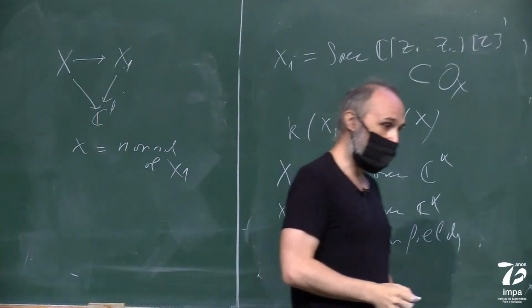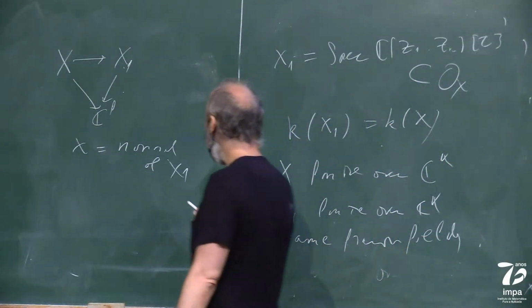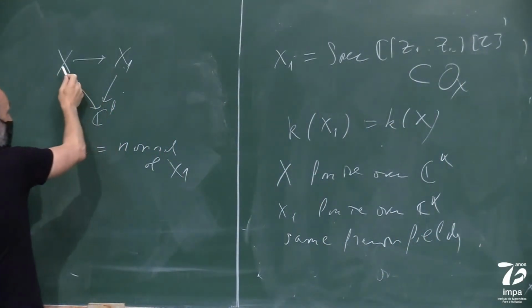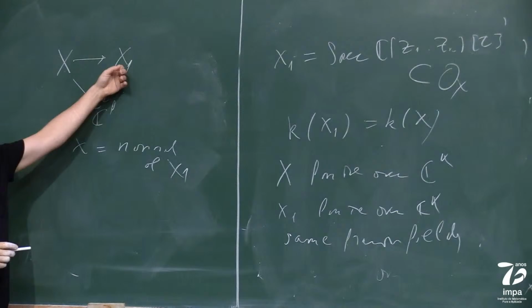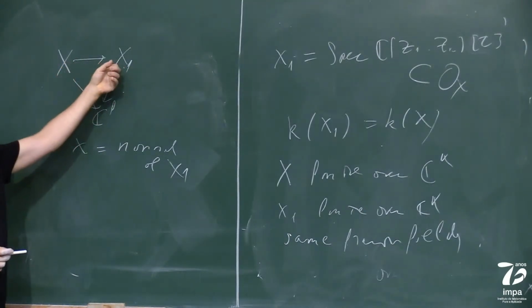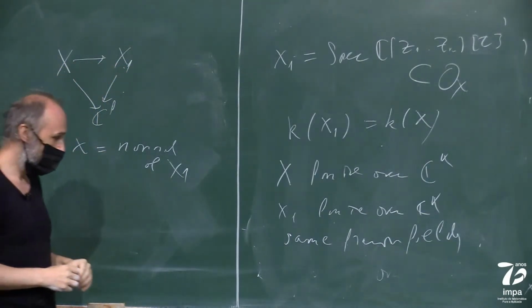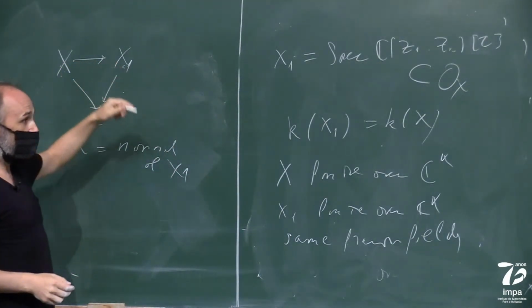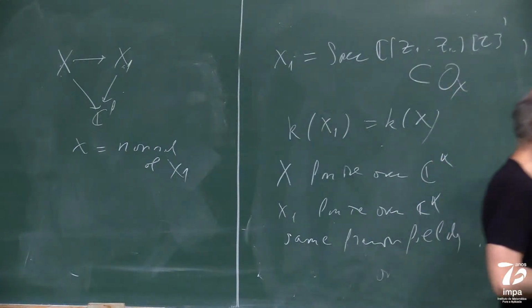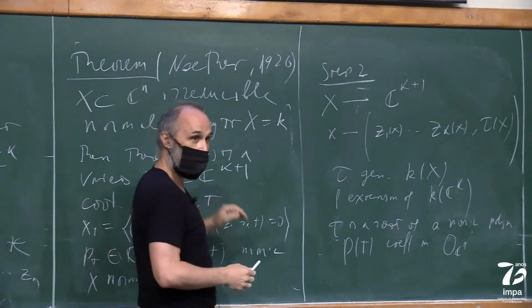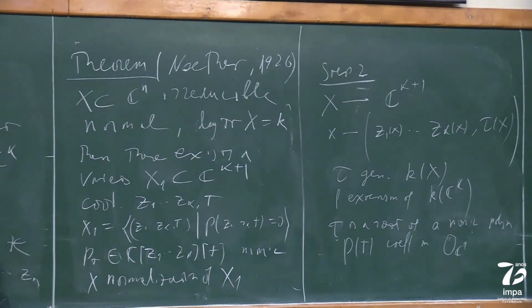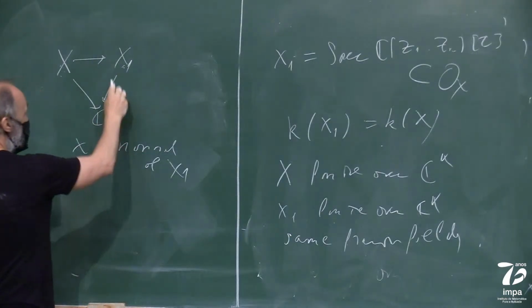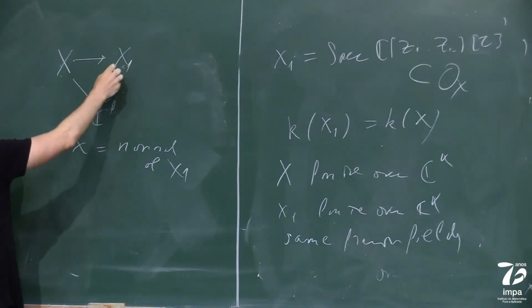It's the integral closure of O_X1 in its fraction field. They have the same fraction field, it's integrally closed, contains O_X1, and it's finite over O_X1. So x is finite over x1 because x1 is an image of x under projection, or because in fact x is finite over C^d and x1 contains O_C^d.